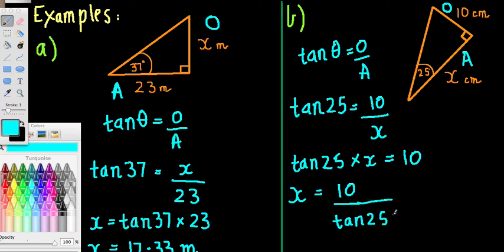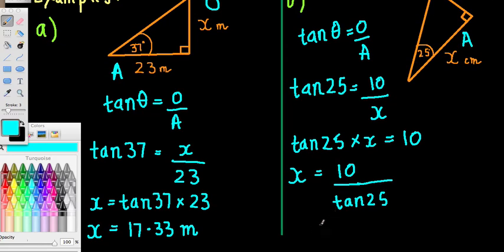Remember to work down the page. Get your calculator out. 10 divided by tan 25, enter. Round to 2 decimal places. You'll see that your calculator might say 21.445.